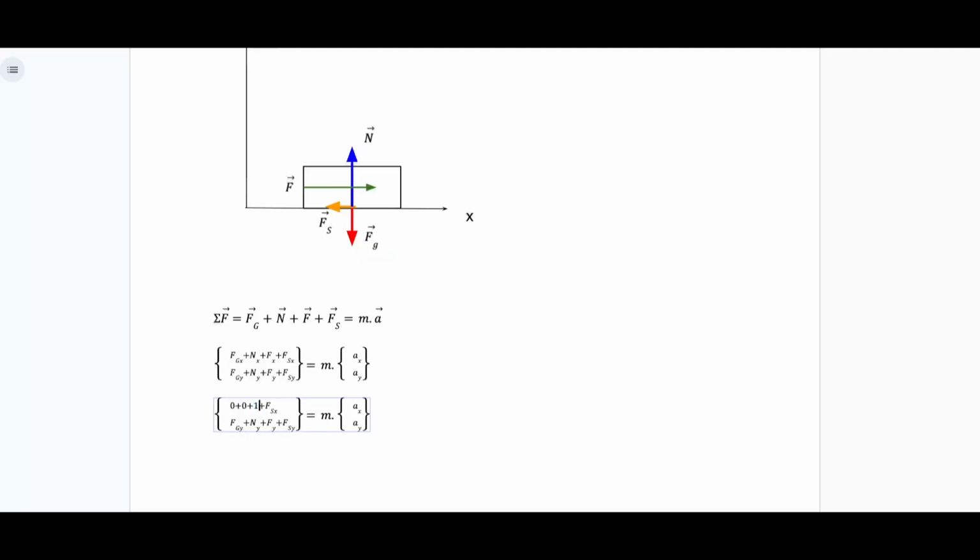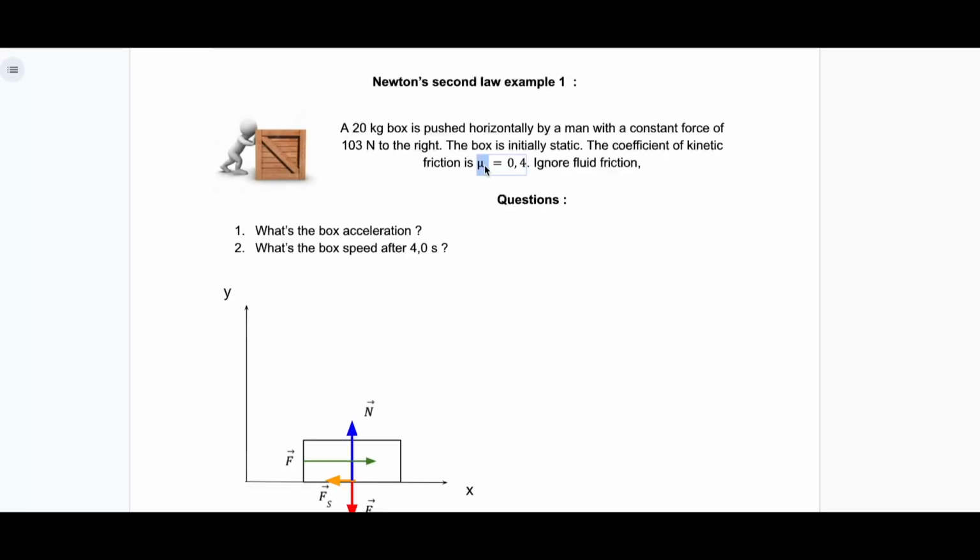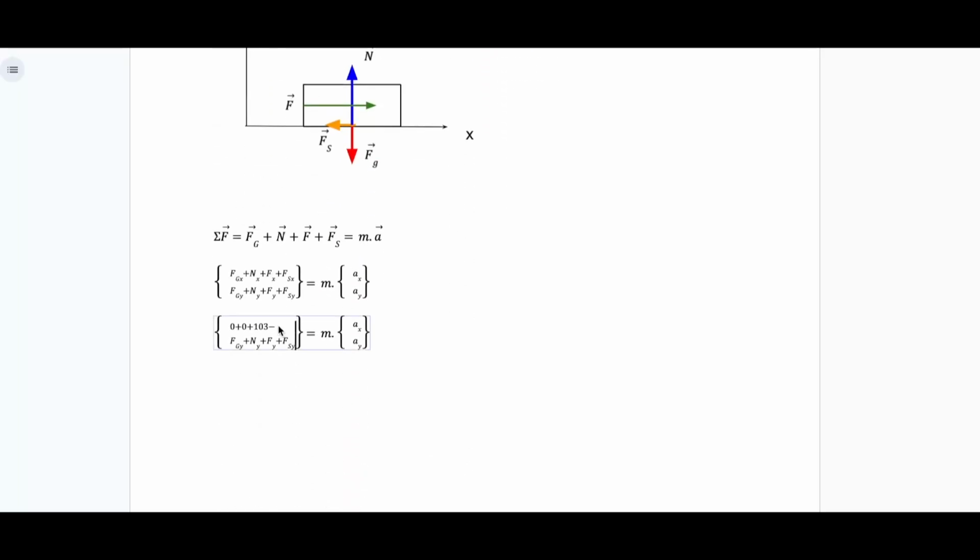I can replace it now. And the solid friction, all I know is towards the left, so it's negative, and it equals the kinetic friction coefficient times the normal force, and this equals m times a.